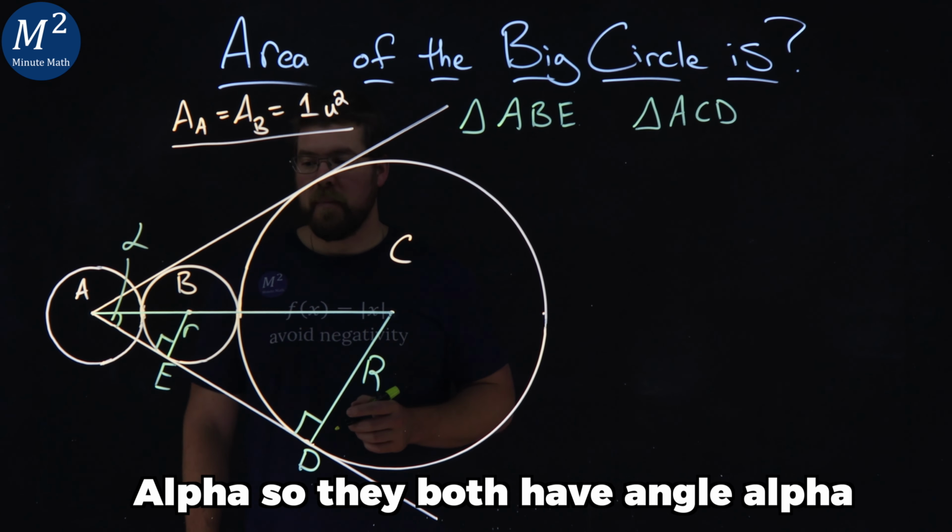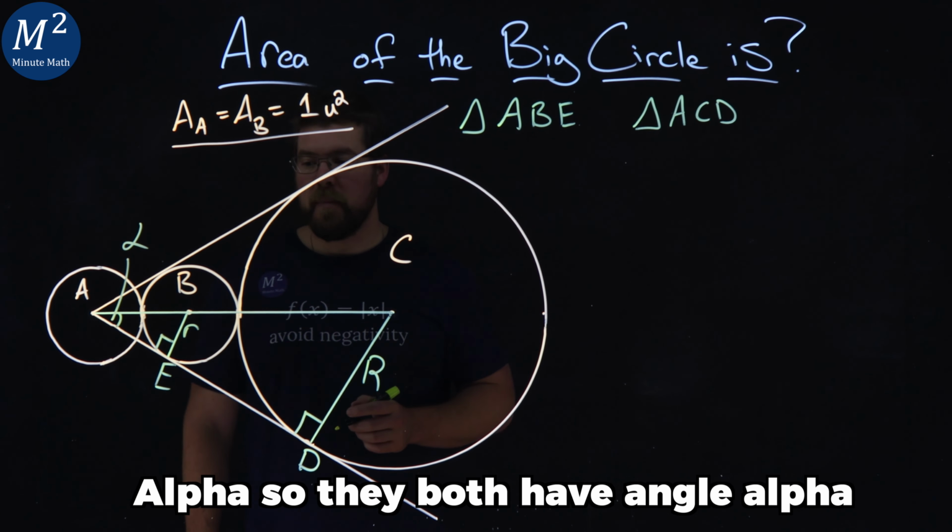Well, notice here that this side length of triangle ABE, the top one here, the hypotenuse, has a side length of little r plus a little r, or 2r. So AB, that length is 2r. The radius, the small circle, right there.